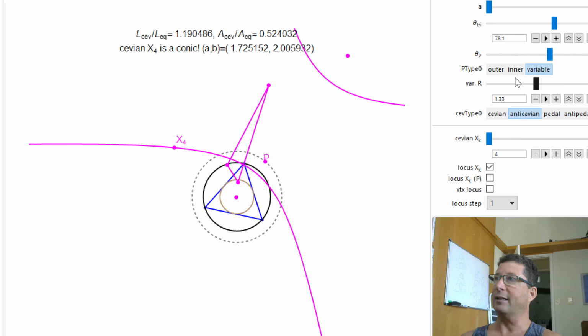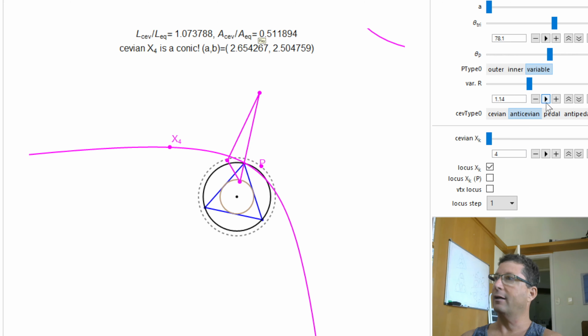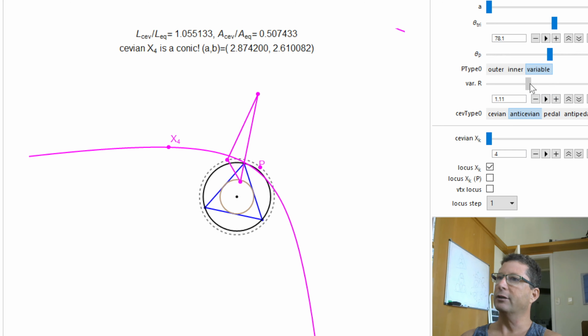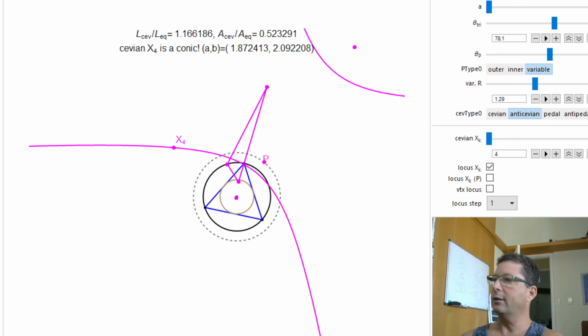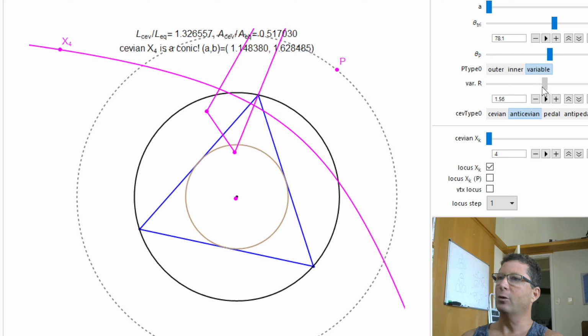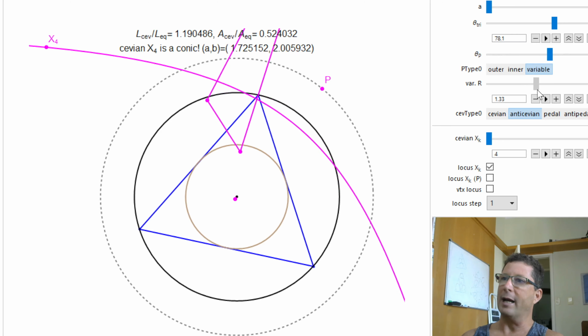When P is exactly on the outer conic, it is likely that I'm just not drawing this correctly, but this focus remains here, just by continuity, right? Because if I perturb this outwards just a tad, yeah, so if this goes outwards, at some point, this doesn't look exactly on top.